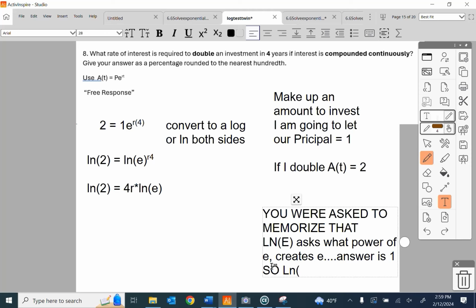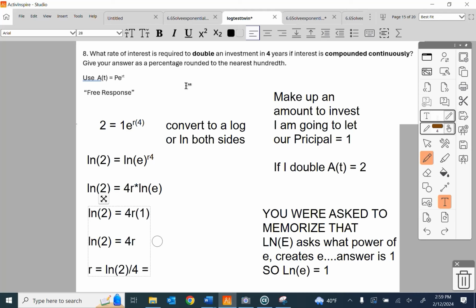So natural log of e is 1. So I showed every step there. To figure out the rate, I divide by 4: natural log of 2, sitting pretty over 4.